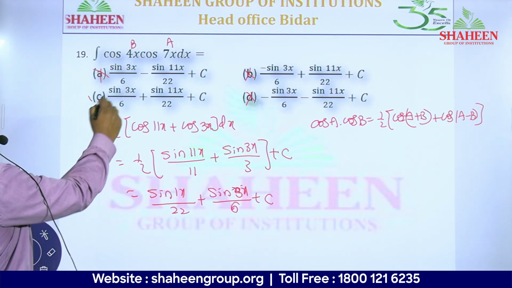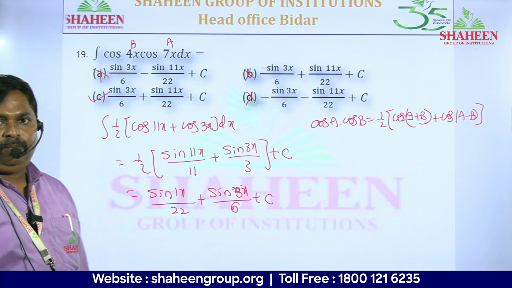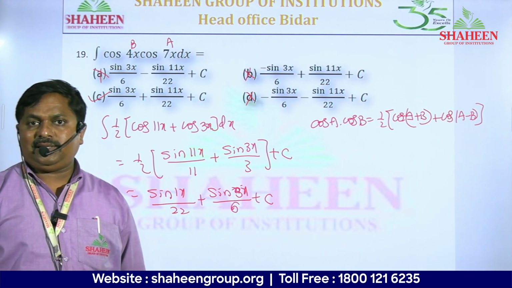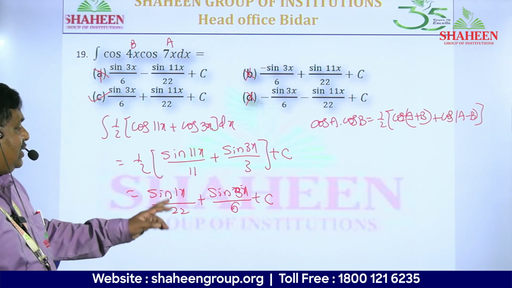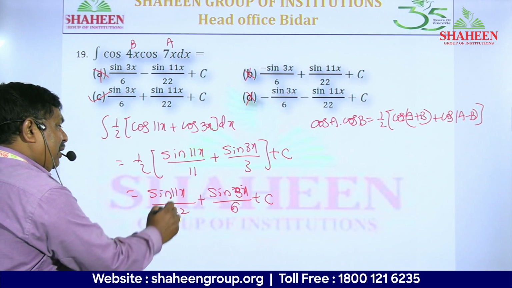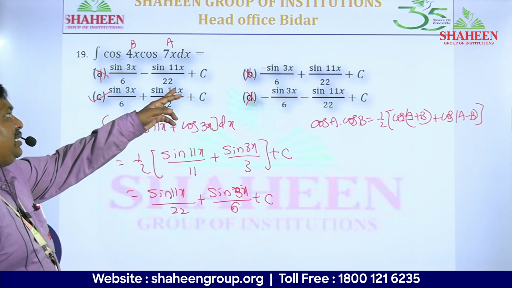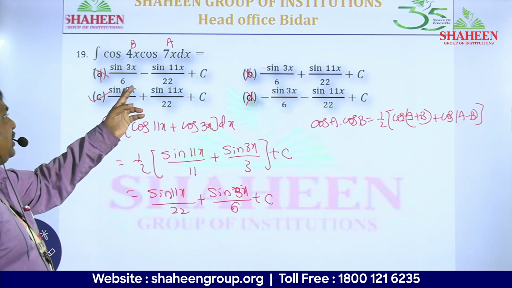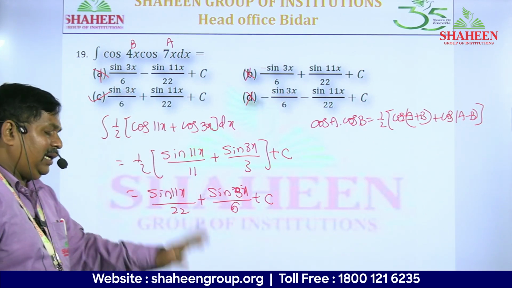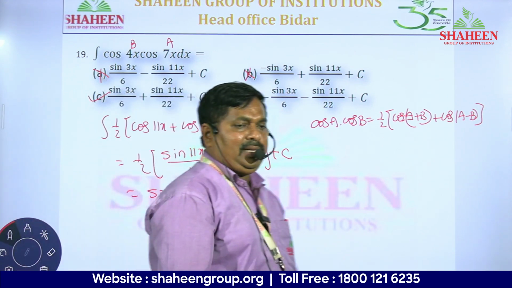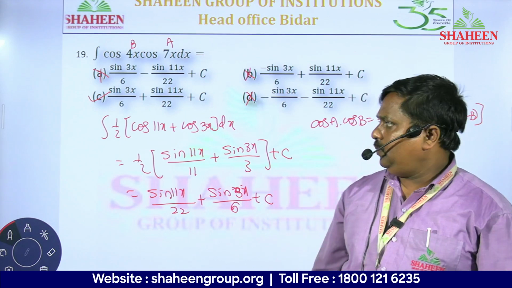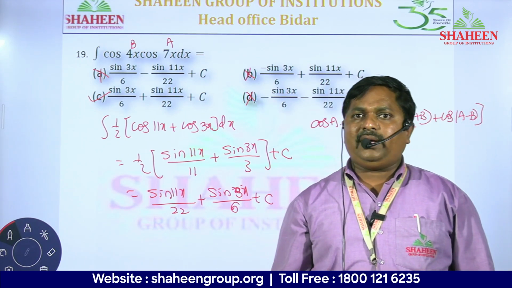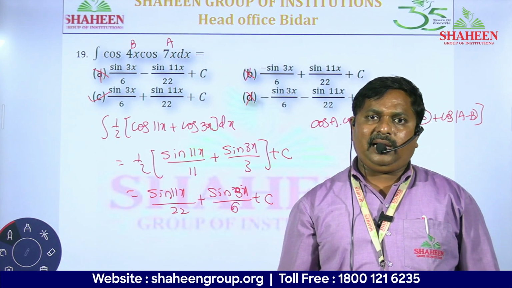Only the option with positive terms is the right answer: sin 11x by 22 plus sin 3x by 6 plus c. Understood, students? This is the way we integrate the functions and identify the right answers.